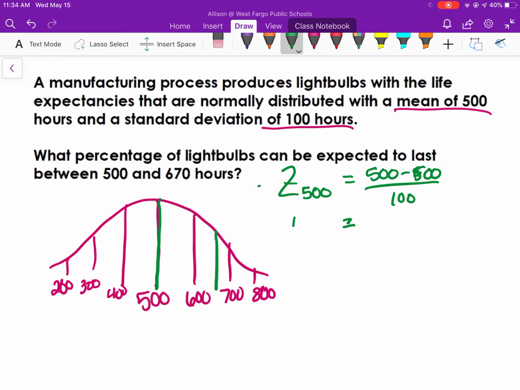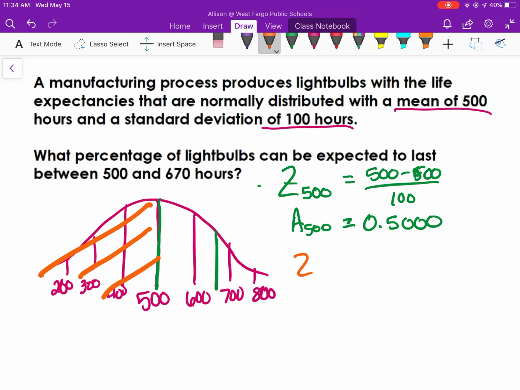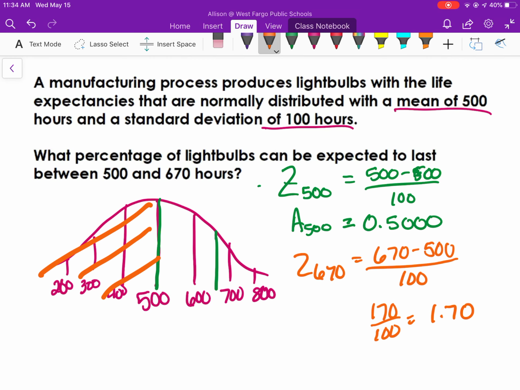So the area to the left of 500 is equal to 0.50. That gives me this area here. Then for 670, how much data is to the left of 670? Take 670 minus 500 divided by the standard deviation of 100. You get 170 over 100, which is 1.70.